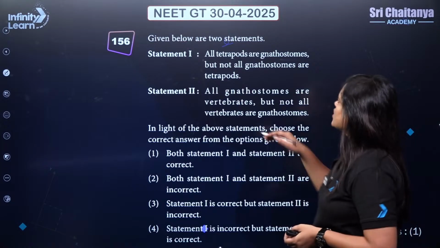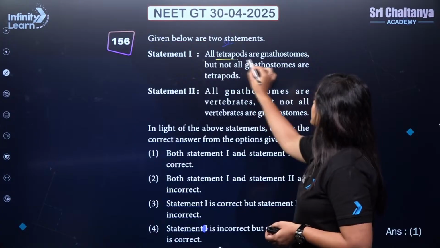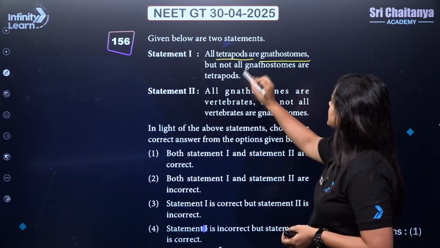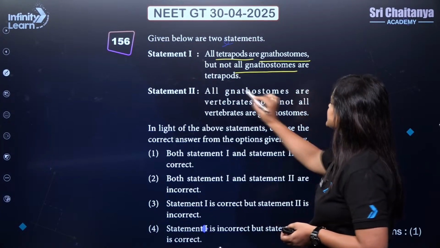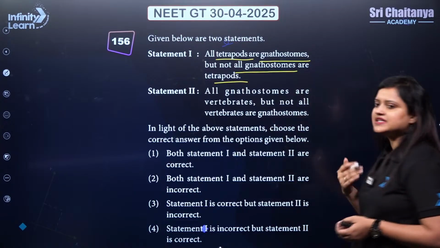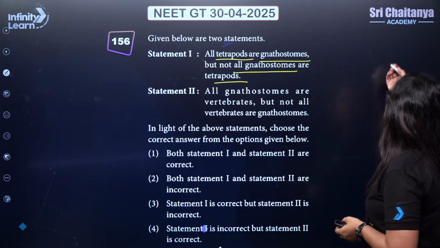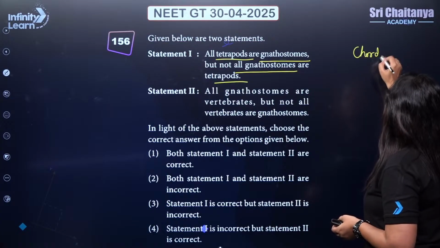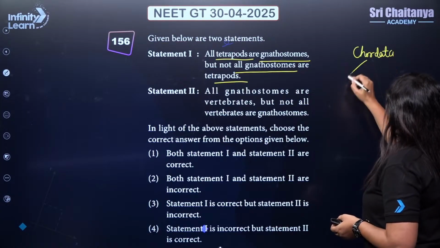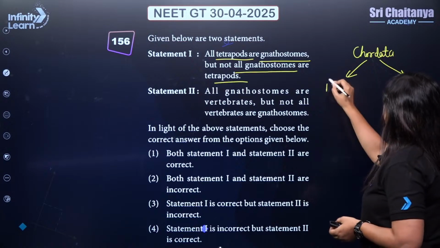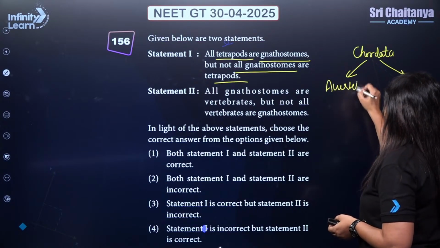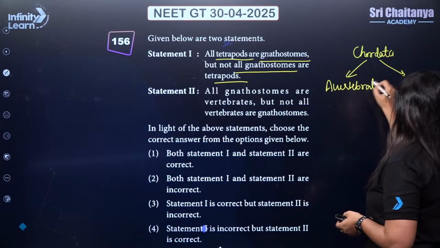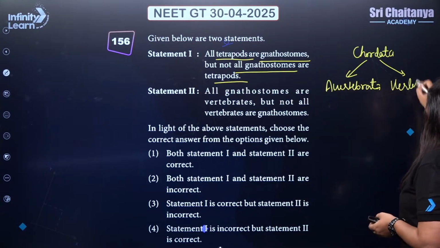Statement 1 says all tetrapoda are gnathostomes, but not all gnathostomes are tetrapoda. So if we see the classification, how it goes, so we know that the chordata will be divided into avertebrata and vertebrata, right?